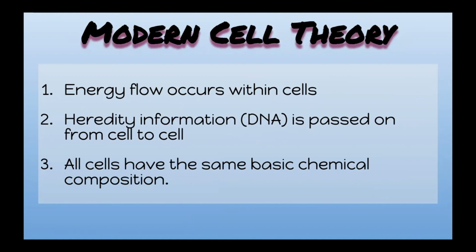The first addition is energy flow occurs within cells. Hereditary information, DNA, is passed on from cell to cell. All cells have the same basic chemical composition. And as you could imagine, science evolves and advances every day, so there may be even more additions as we discover more.